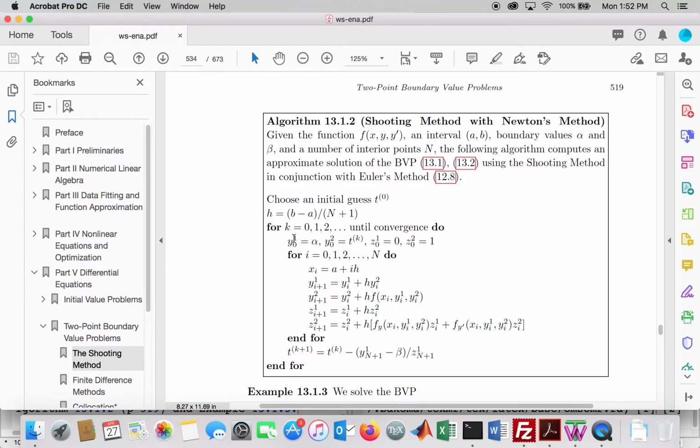Now, what we do is the outer loop carries out Newton's method. So k is for iterates of Newton's method. And inside the loop, we will solve this initial value problem of 4 ODEs with the current guess of t that we have, t_k. So we fill in our initial values right here.